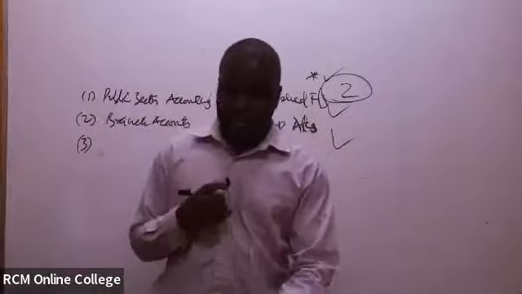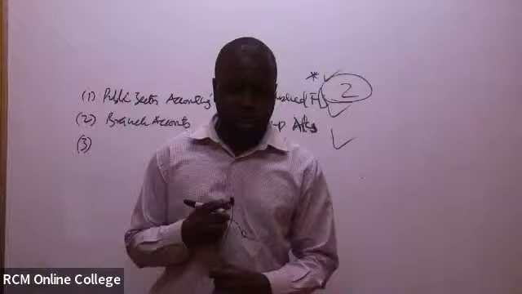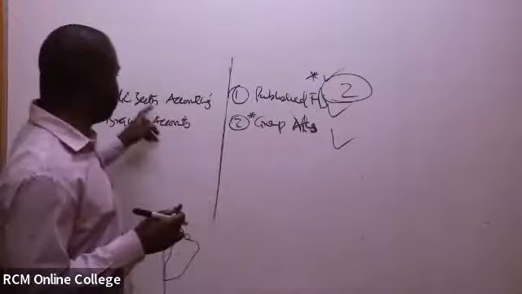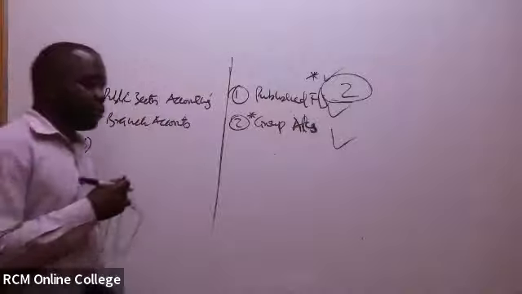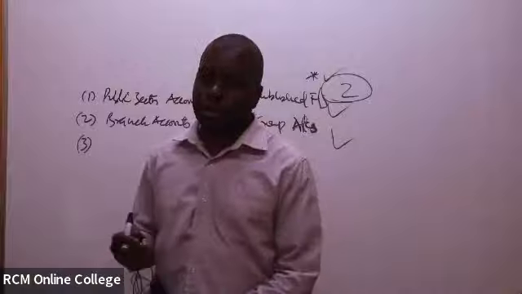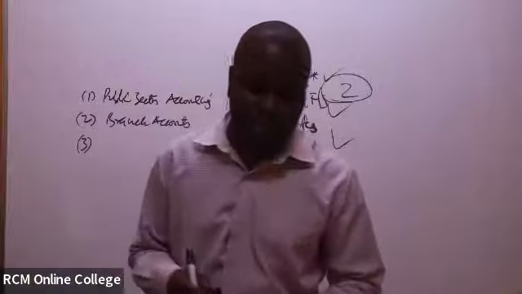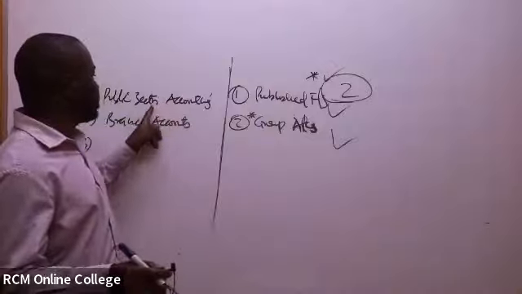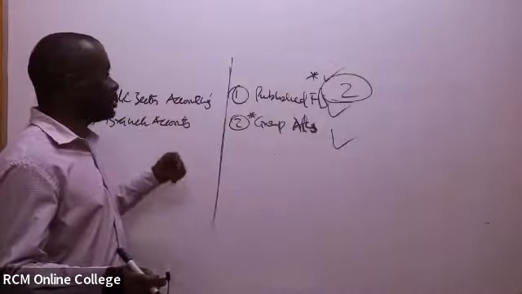So let's meet tomorrow where we'll start looking at the last two topics. For the theory part, I'll just take you through maybe one session or maybe two sessions, then I think it will be okay. But with these ones, I think by next week, we'll do public sector accounting and branch accounts.